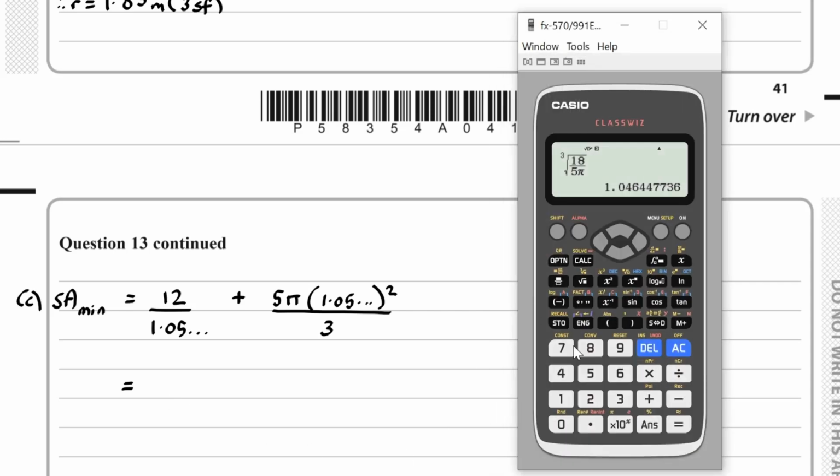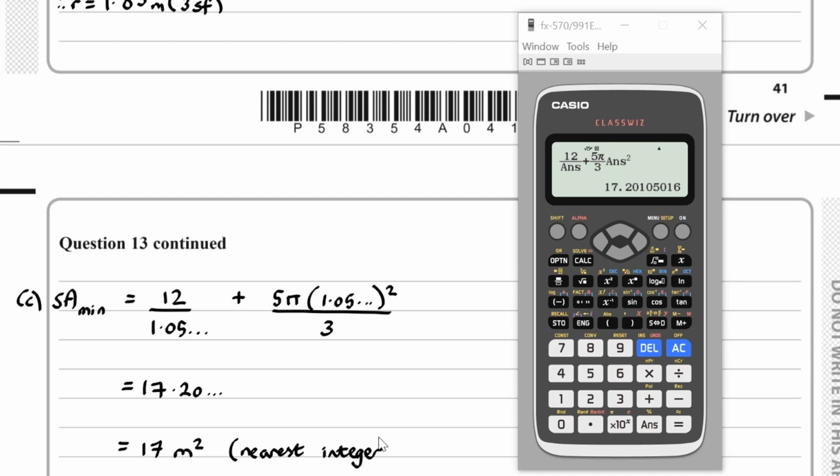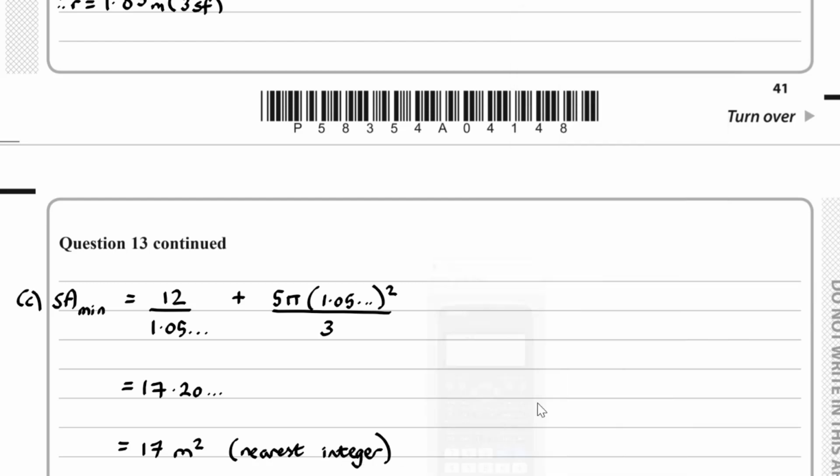So if we work this out, we have 12 over this plus 5 pi over 3 lots of this squared. So we end up with 17.20, etc., which is 17 meters squared, to the nearest integer. Okay. So hopefully that makes sense.